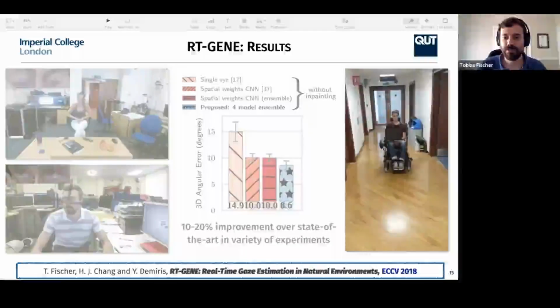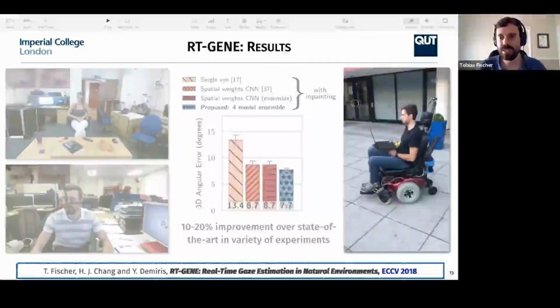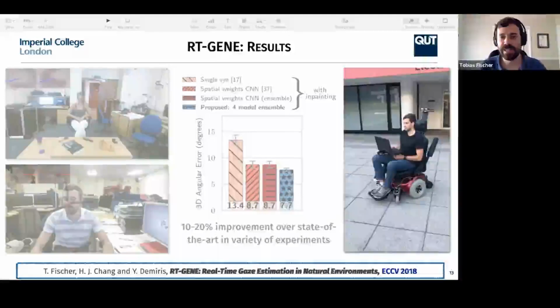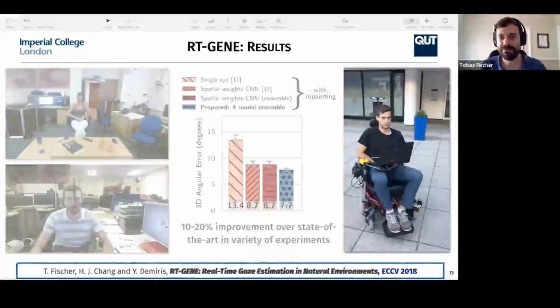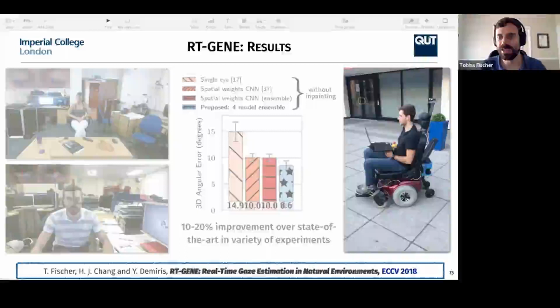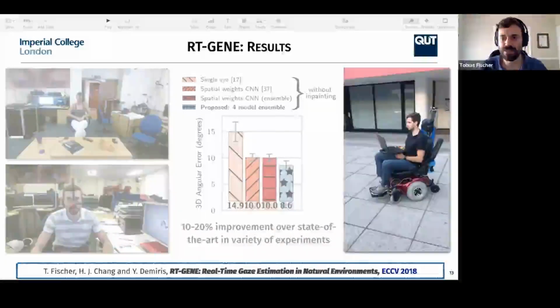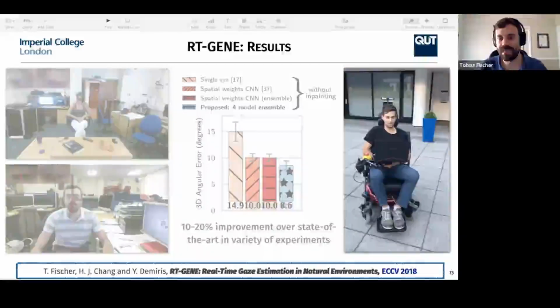And what's even better is that you can also show that the method performs in completely different setups. If you're a little bit familiar with computer vision methods, they often work in similar scenarios, but then they fail miserably if you change the lighting conditions, or if you go to a very different environment.